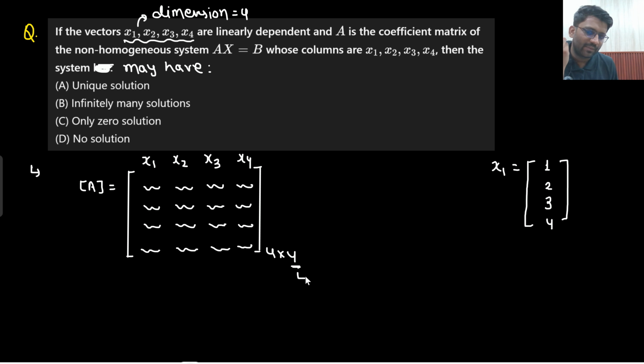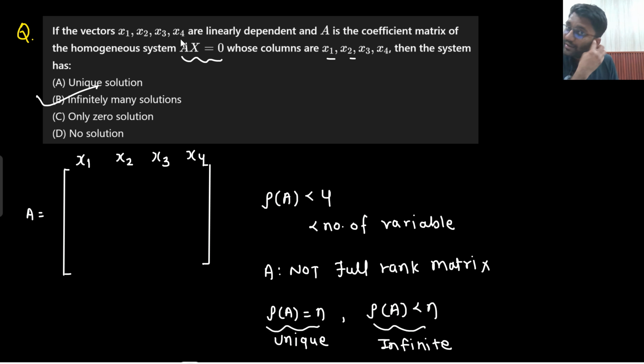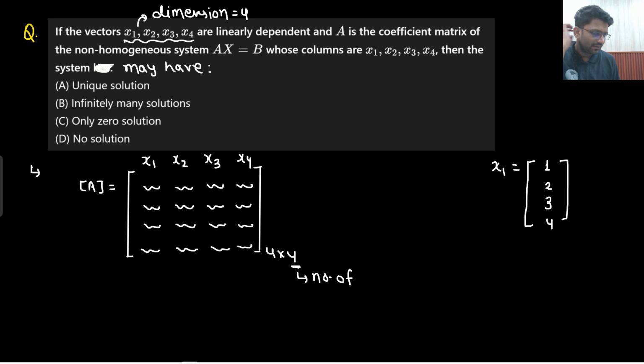So from here I can find out the number of variables. Number of variables is 4. The similar thing should have been written here as well. The dimension should have been written. Dimension is 4. Okay. So here number of variables would have been 4.